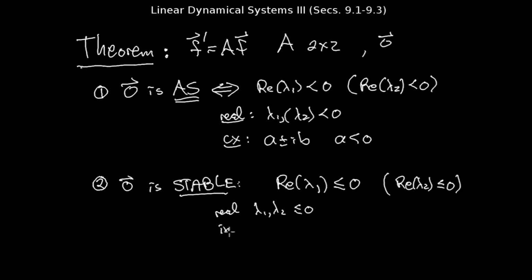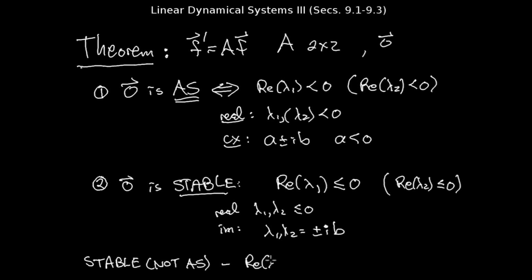And if they're imaginary, then lambda 1 and lambda 2 have to be just plus or minus i times b. And so notice that the solution is stable, but not asymptotically stable, exactly in the case when the real part of lambda 1 is equal to 0. And that's where you're getting these circles or ellipses.